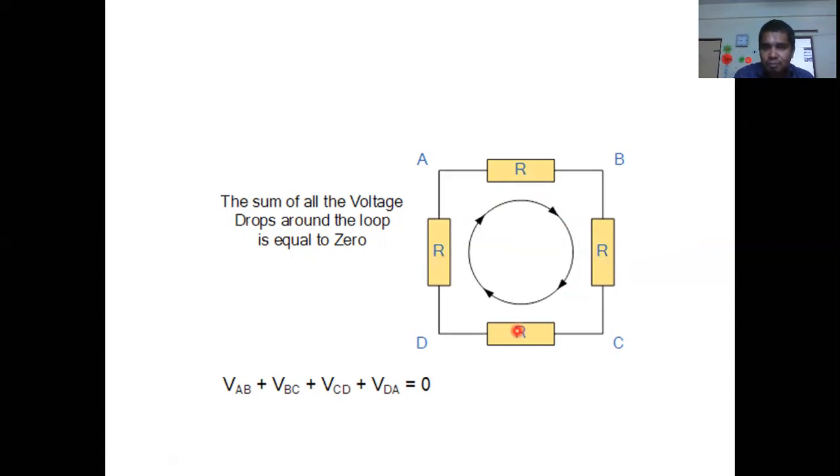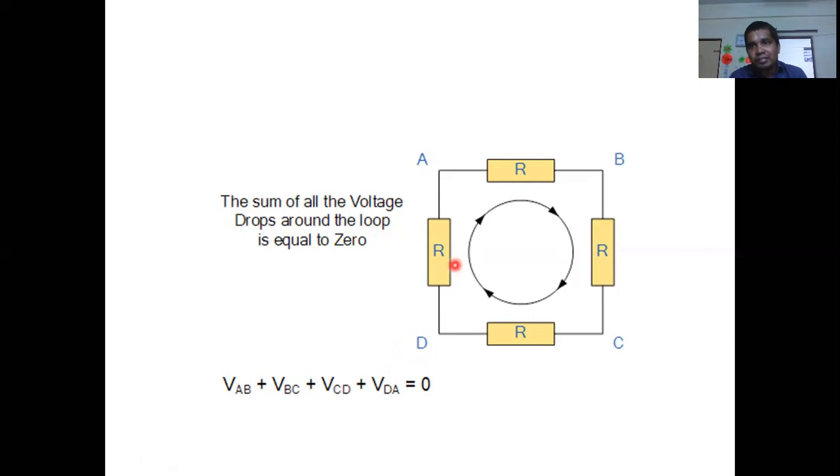When you sum up the voltage drop in each element in this loop, it should be equal to 0. That is, voltage VAB, the voltage between these two points, across this element, VBC across this element, VCD across this element, and VDA across this element, should sum to 0.